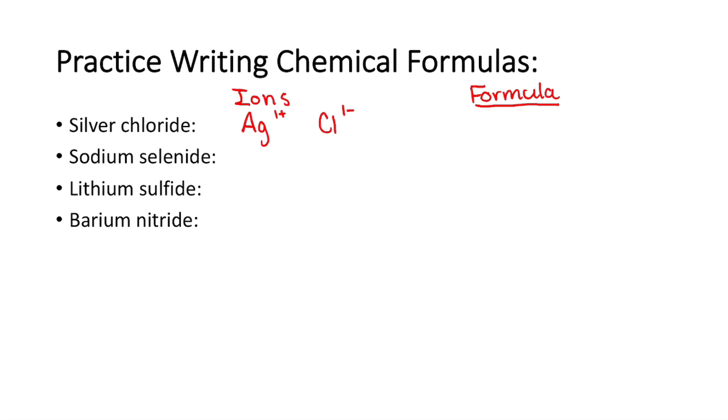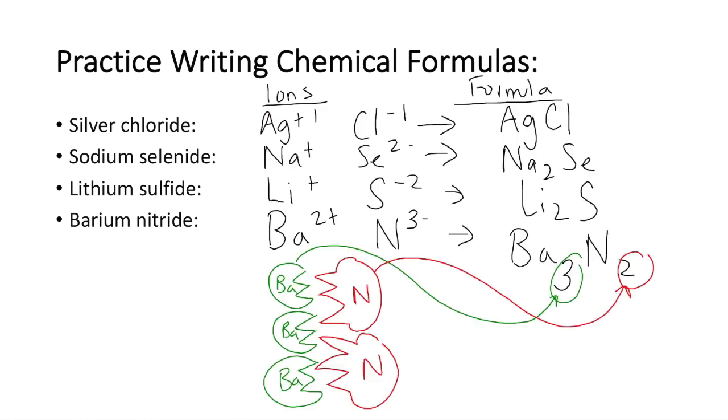The formula for this, it's already in a 1-to-1 ratio. AgCl is the final formula for this. Okay? So here are the answers. This is done really simplified. If you need to go review the balancing charges, go back to my previous examples.